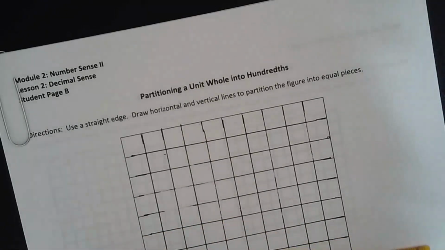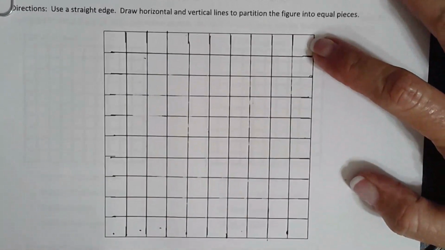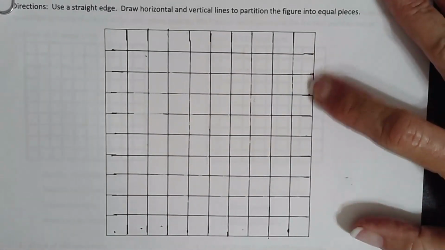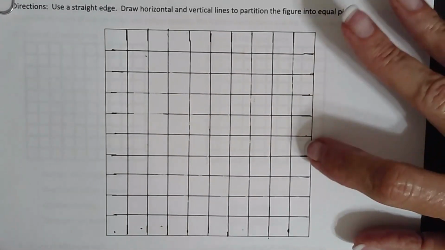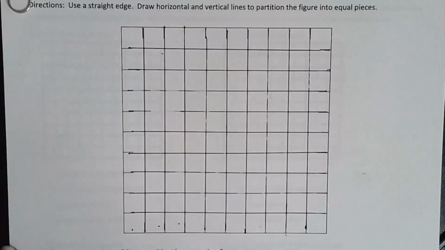But we got a lot of shading in this chapter, tons of shading, especially in this section, but some in the others too. 10 more here, 90, and then 10 on the bottom. So we have 10, 20, 30, 40, 50, 60, 70, 80, 90, 100 small squares.